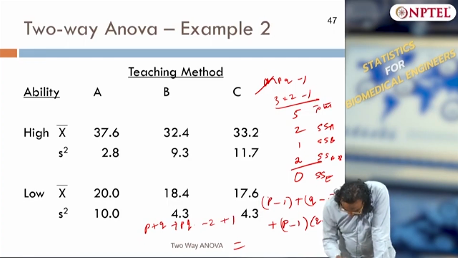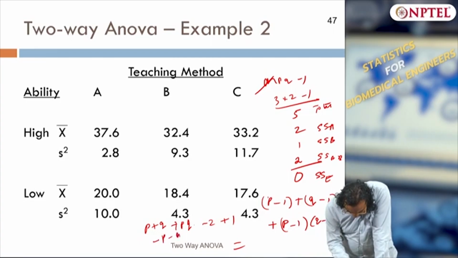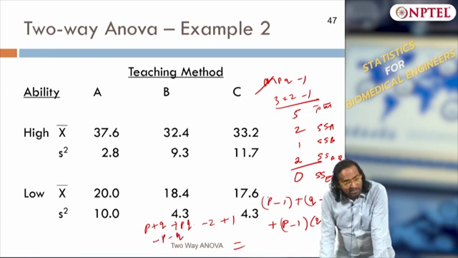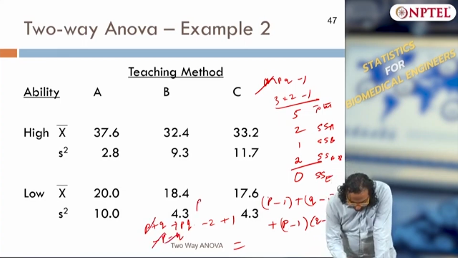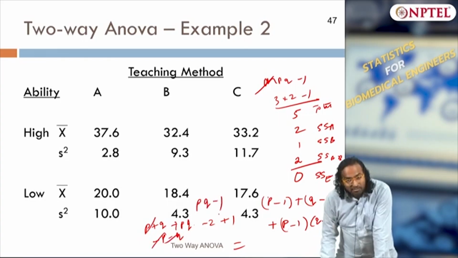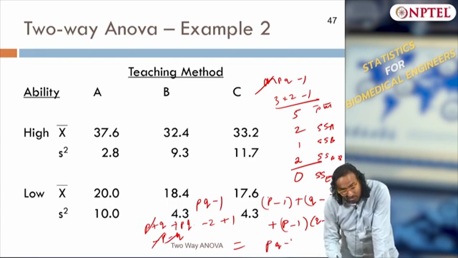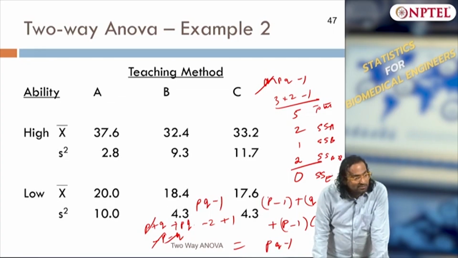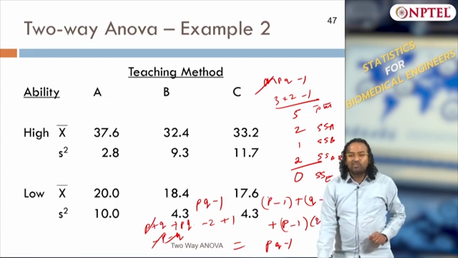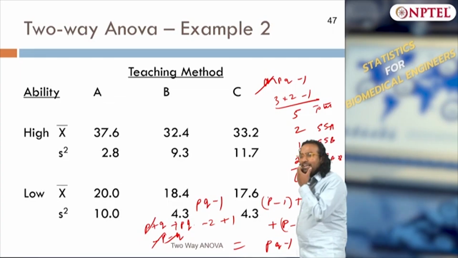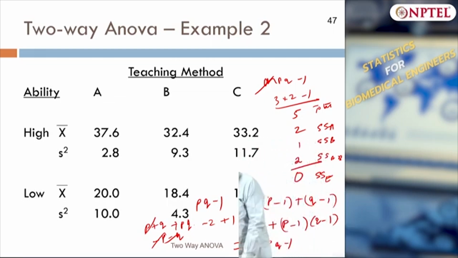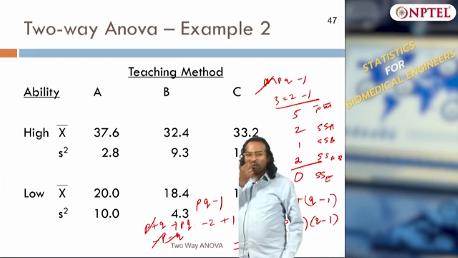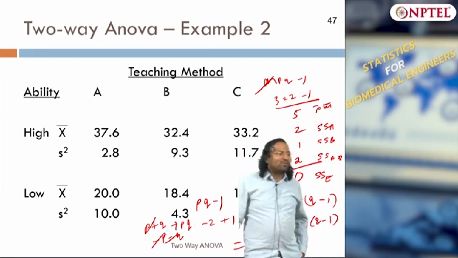So PQ minus 1. The right hand side is also PQ minus 1. So what is the error degrees of freedom? Always 0. In a two-way ANOVA, the error degrees of freedom will always be 0 if you do not do a replication.